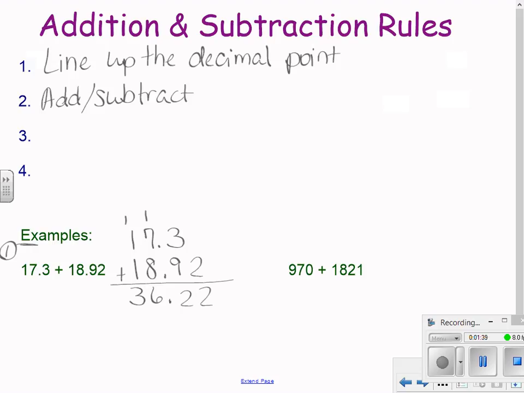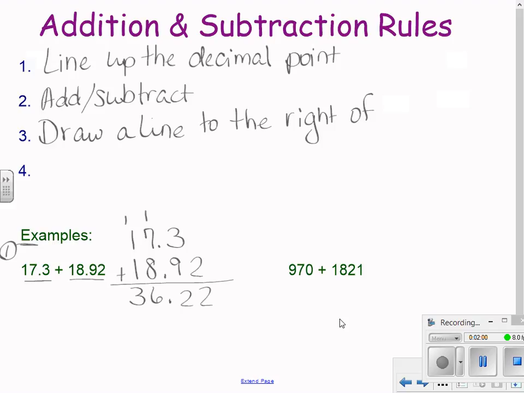Here's where we get into the preciseness of our measurements. We're going to look at our first numbers, the 17.3 and the 18.92, and draw a line to the right of the last countable sig fig.